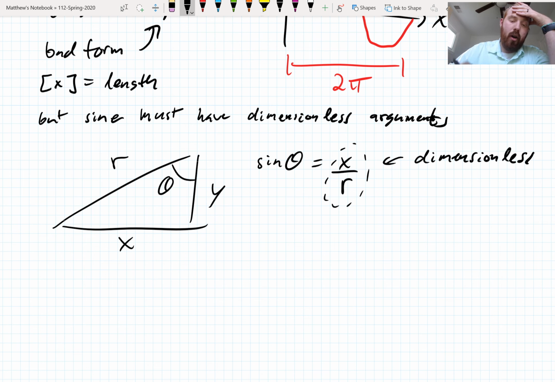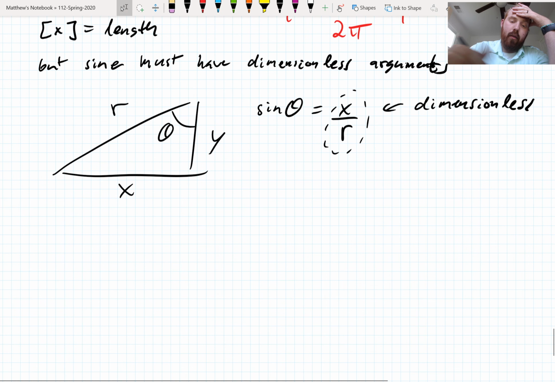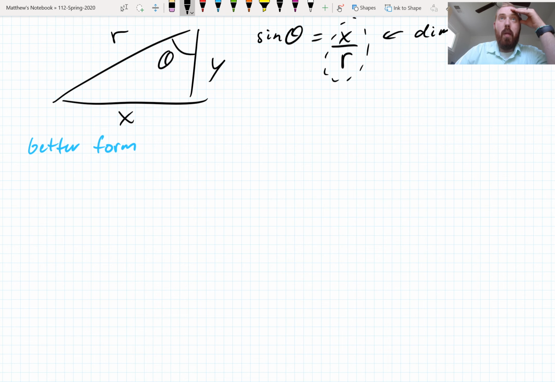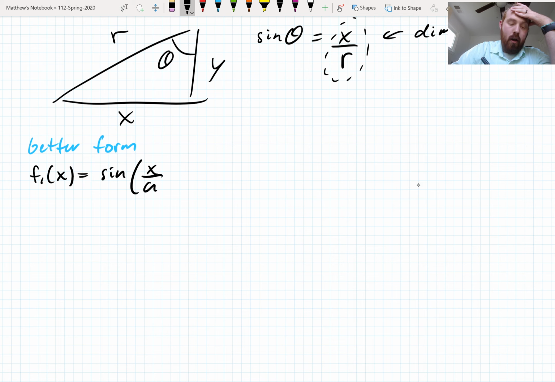So let's try again and do a little bit better. Let's make the argument dimensionless. So we'll have what I'll call f1 of x, and this is going to be sine of x over a, where a is something that has units of length.